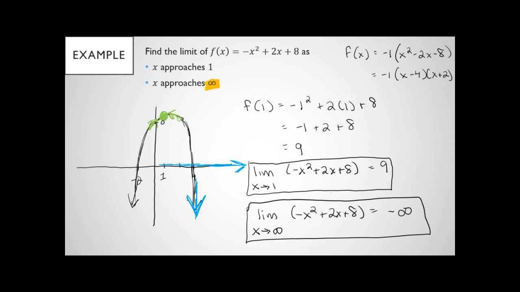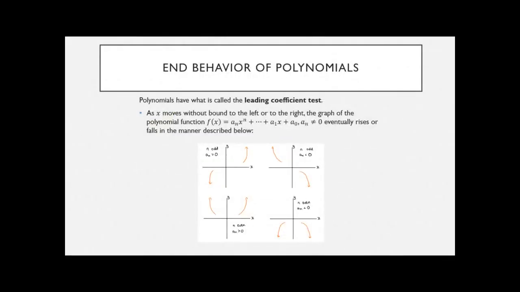So this is a polynomial. Polynomials, when we're asking about where things go when we approach infinity, what we're asking for is the end behavior. So this is where it connects back to algebra, where you talked about end behavior.